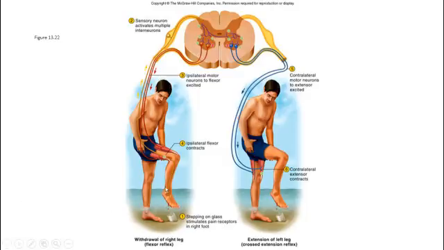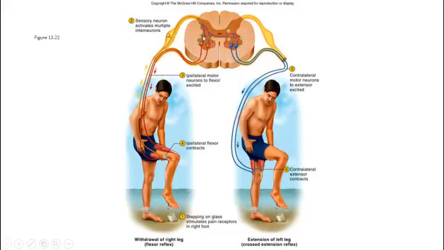So that painful stimulus travels up through the dorsal root ganglion into the dorsal horn. It synapses immediately onto the axons in the ventral horn, the motor neurons that come right back down and make the flexor muscles contract in the leg.